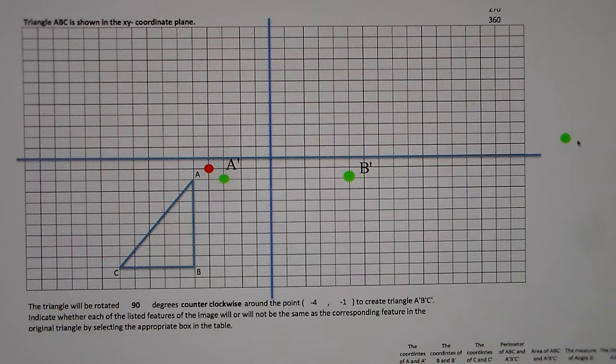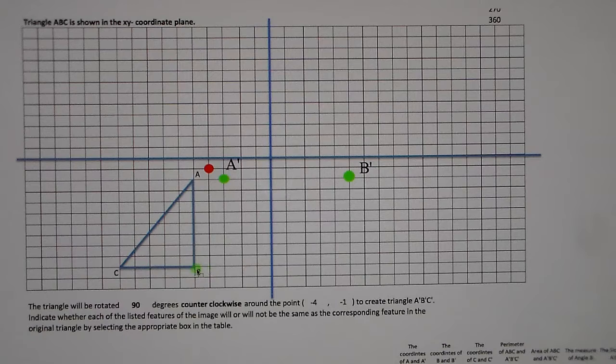Now C, to find C prime, we got to count it out. So from this red dot, we go 1, 2, 3, 4, 5, 6, 7, 8, 9, 9 south once again. So that means 9 east, just like B prime was.